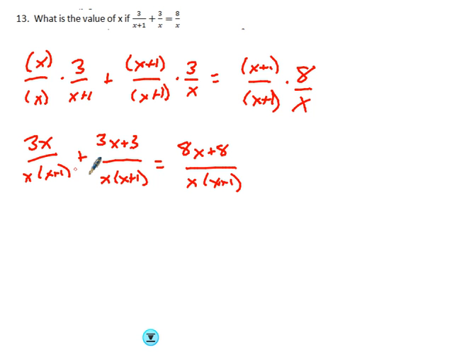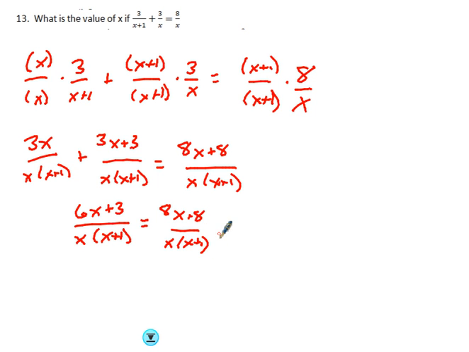So now since I have common denominators on this left side, I can combine my two fractions. 3x plus 3x plus 3 is actually 6x plus 3 over x times x plus 1, which is equal to 8x plus 8 over x times x plus 1. One of the neat rules about math is that if you have denominators that are equal, which we do, we should have numerators that are equal.